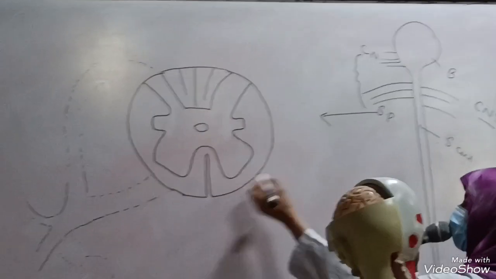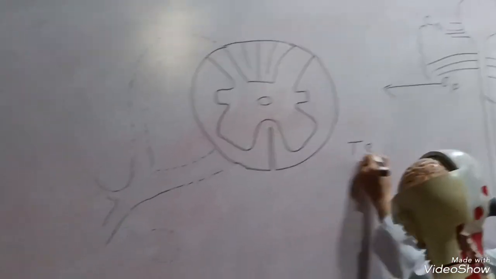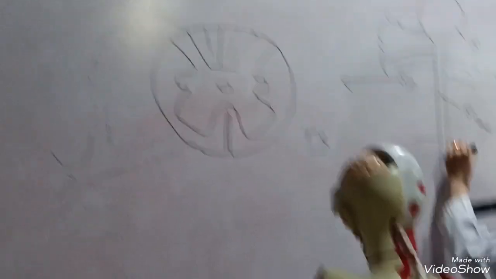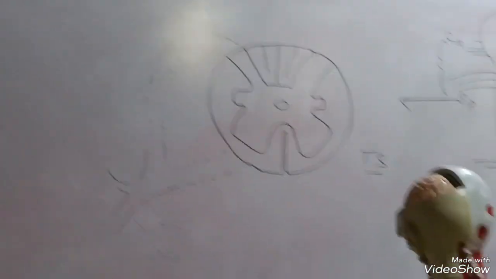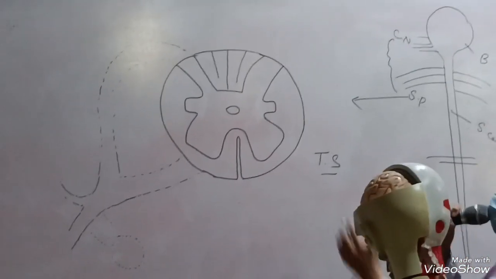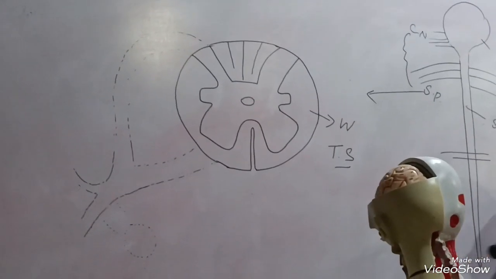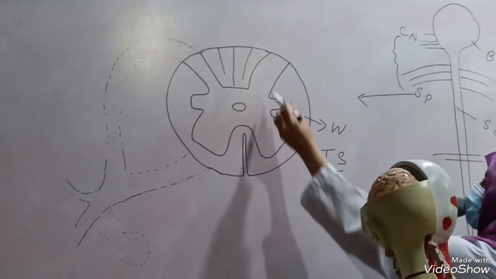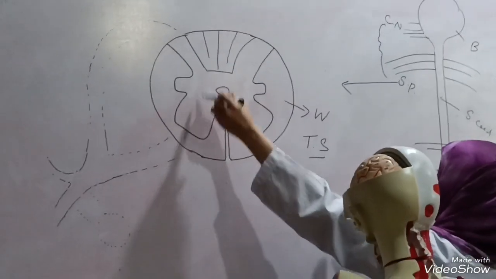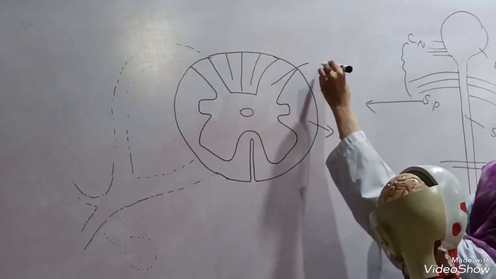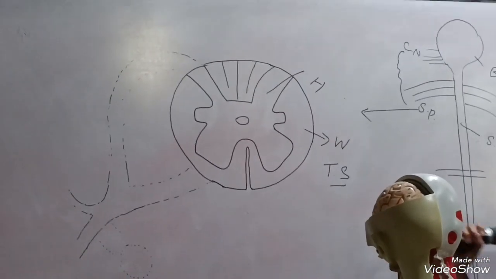So we have taken the transverse section, or you imagine the cut section of the spinal cord. What you see here is the outer white matter. Can you see it? And this butterfly-shaped central area, or egg-shaped structure, is the gray matter.